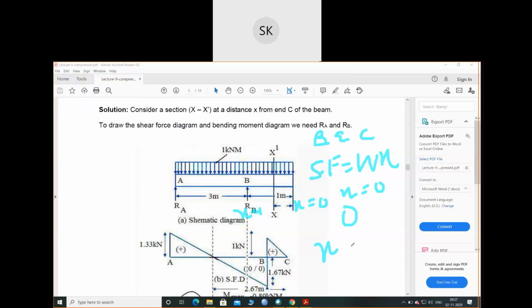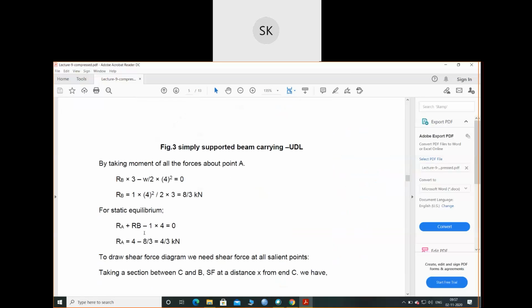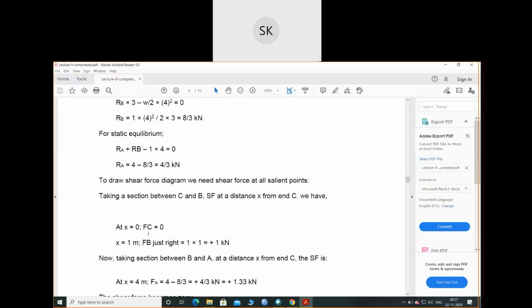At x equals to 1, my shear force will be W into 1. So at B, it is 1 into 1, that is 1 kilonewton, since the load is 1 and the distance is also 1.